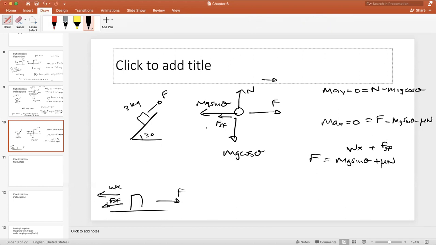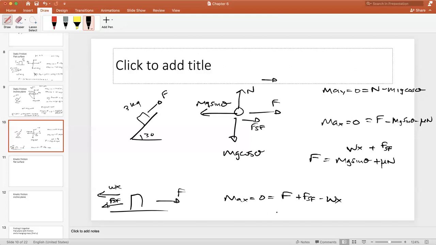But what if I said, oh no, what it's actually doing is it's trying to slide down. So the net motion is actually trying to go down, and my force of static friction is here. Then what I would get is max is 0, is F plus force of static friction minus weight in x.